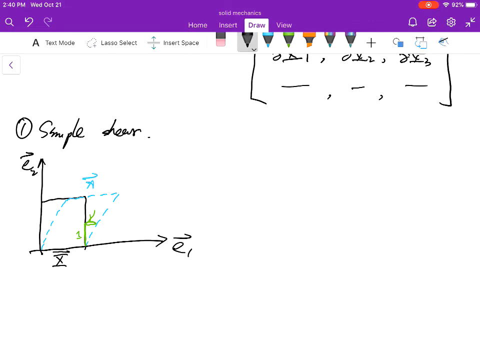First we write out the relation between the current configuration x, which is a function of the original material point vector X and time t. Along the E1 direction it is X1 plus, because of this shear deformation, this term X2 times gamma.